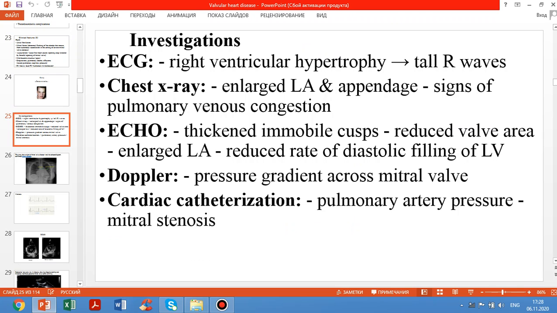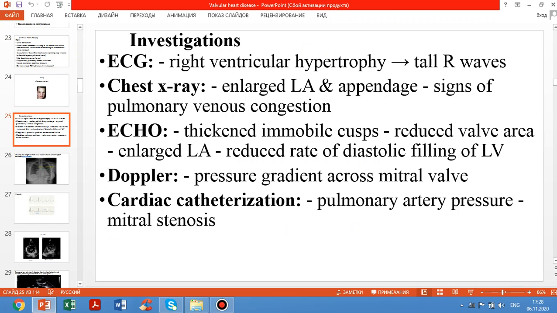Investigation. ECG: right ventricular hypertrophy, tall R waves in the third and second leads. Chest X-ray: enlarged left atrium and appendage, sign of pulmonary venous congestion.